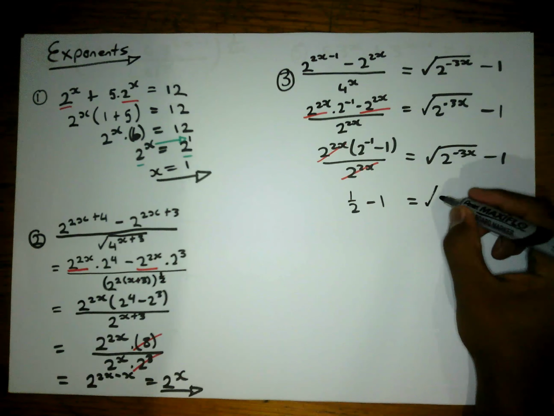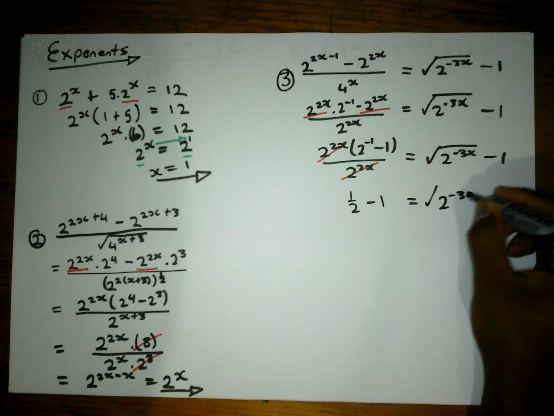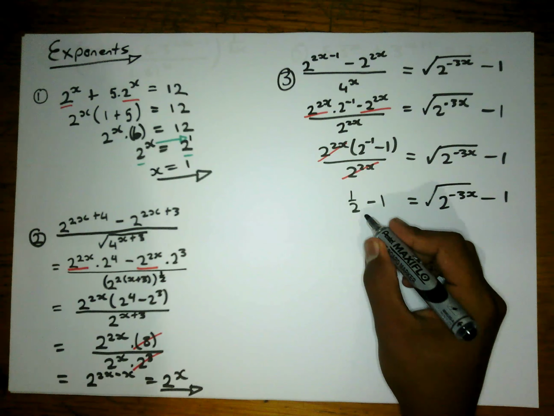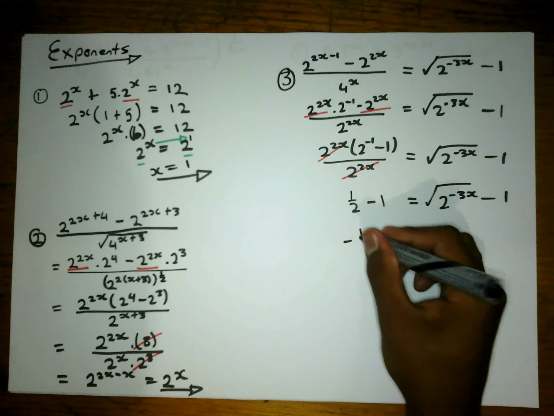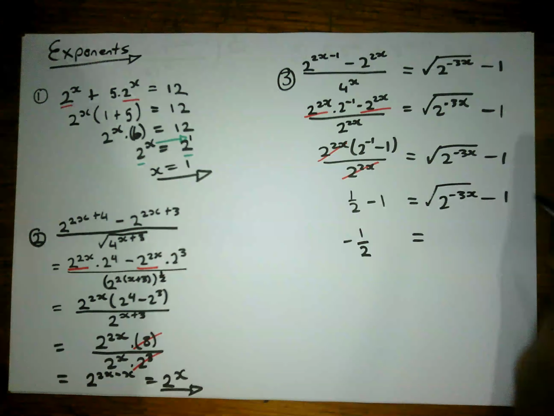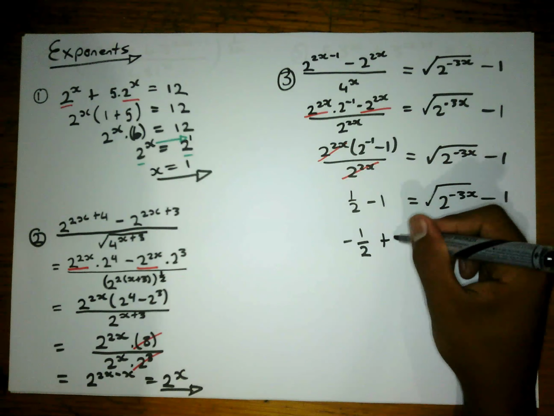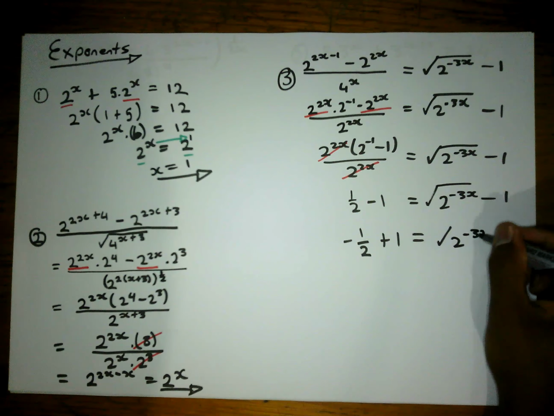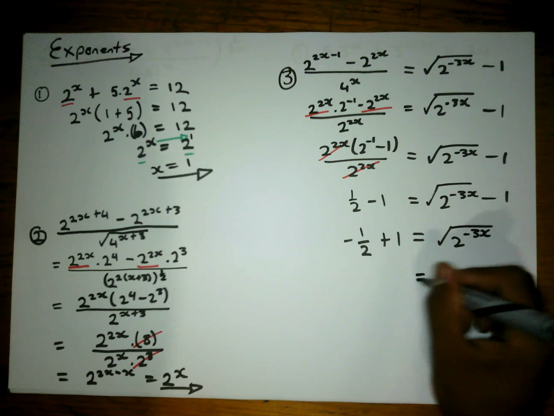Let's continue. Half minus 1 is negative a half. This half we're going to add, and we're left with 2 minus 3, like that.